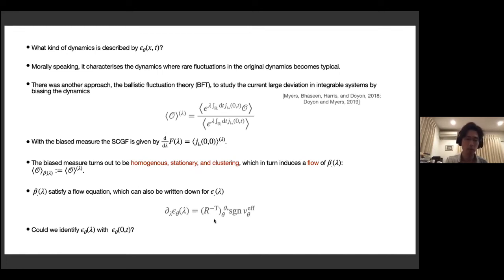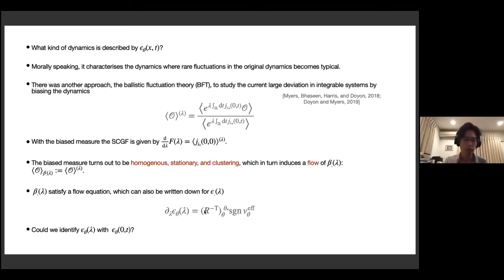Having this, essentially you can calculate the cumulants and the scaled cumulant generating function, because this is basically saying that all you need to know to calculate the statistics of transferred charge at x equals 0 is information coming from x equals 0, or just some vicinity of x equals 0.